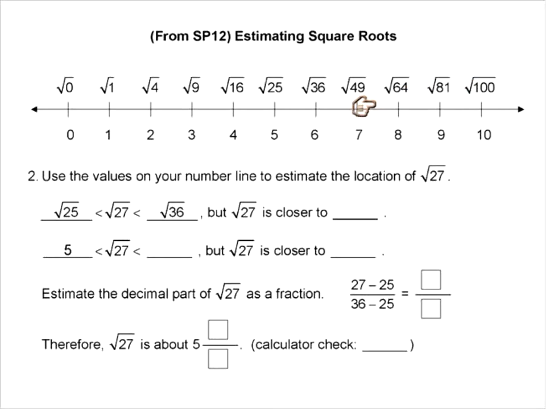But again, I've done this ahead of time to be more efficient. So here's a question. Why is the distance between the square root of 1 and the square root of 4 the same as the distance between the square root of 25 and the square root of 36?